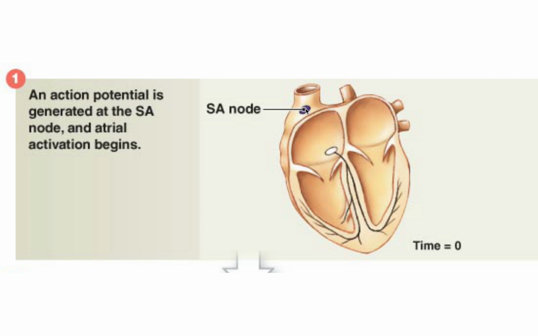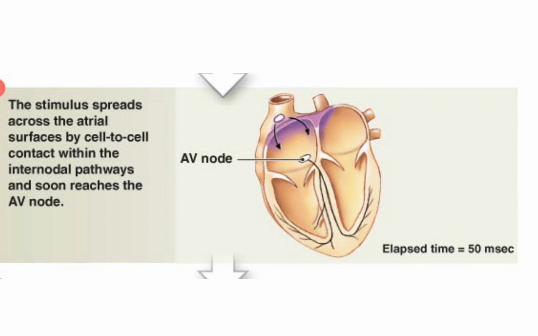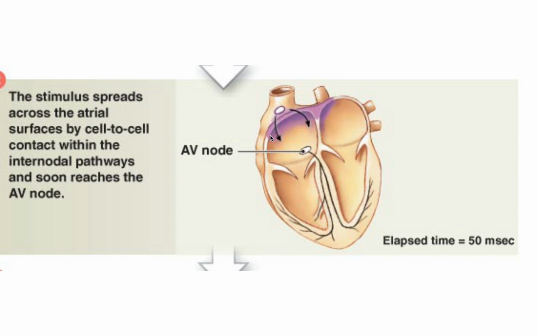And if that doesn't work now, we have artificial pacemakers we can implant in you. But most people use the one in their SA node. The impulse is going to travel throughout the atria, spreading from cell to cell. And then it's going to travel next to the AV node, which stands for atrioventricular.